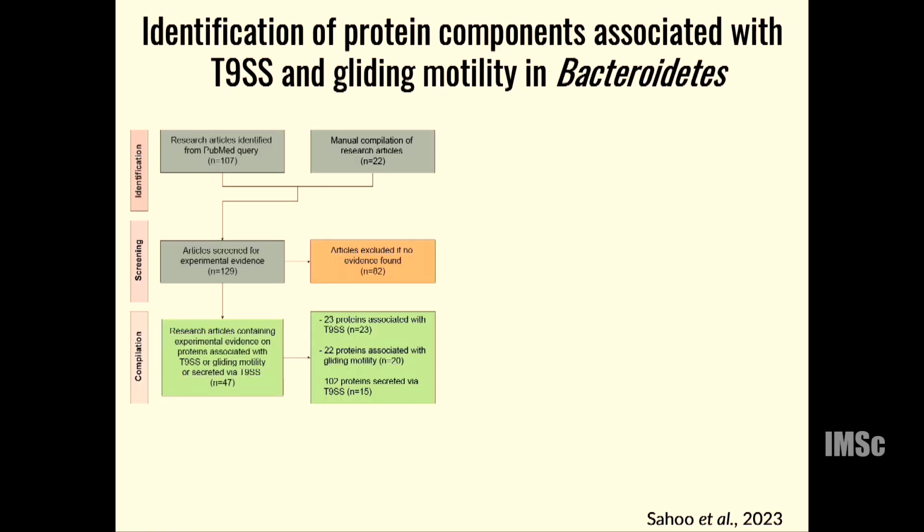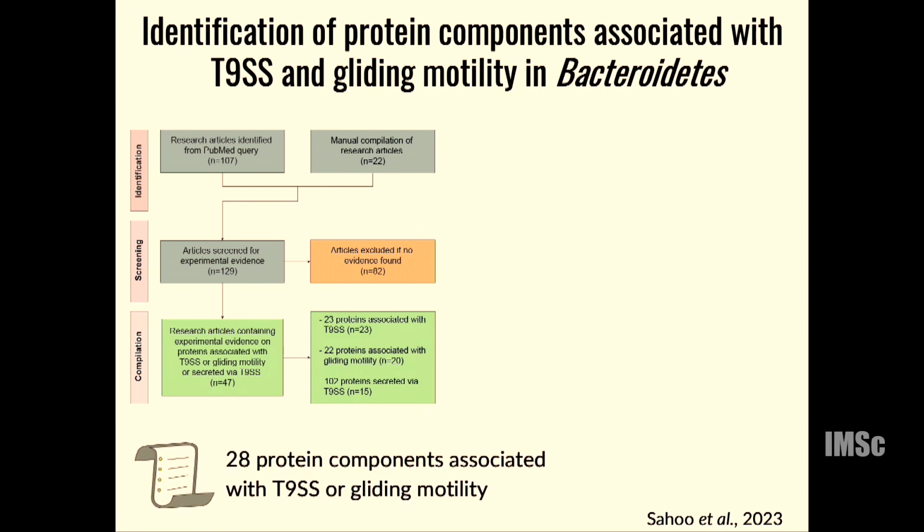To do this, we first looked at the published literature, and we found more than 100 publications. We manually curated data from this literature, and we finally compiled 23 proteins with experimental evidence of being associated with T9SS in bacteria, 22 proteins for gliding motility, and 102 secreted proteins.